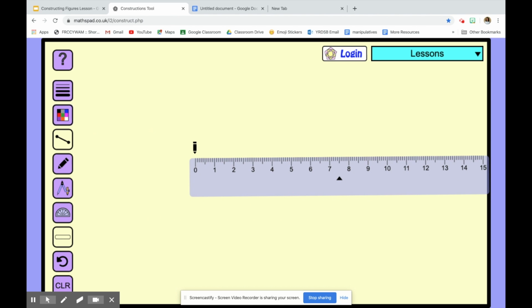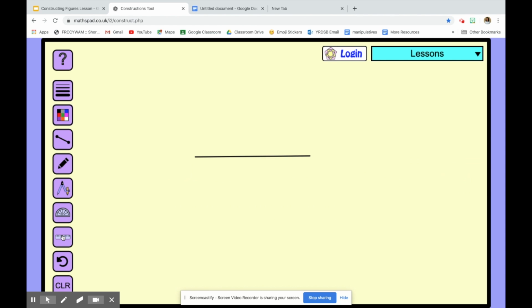Okay, so I know it's 6 centimeters long. So I can put my ruler away, and I'm going to label it XY. So we have X and Y. And I know that it is 6 centimeters long.